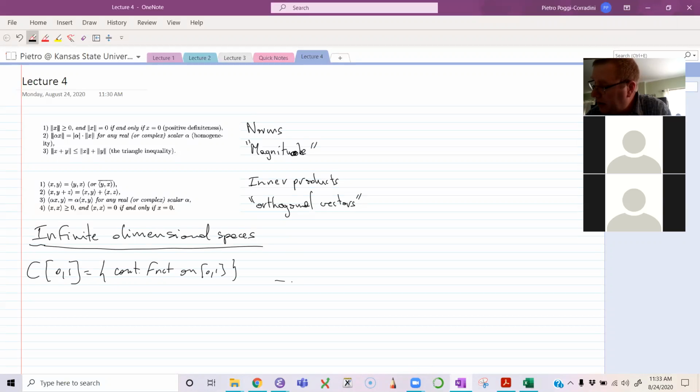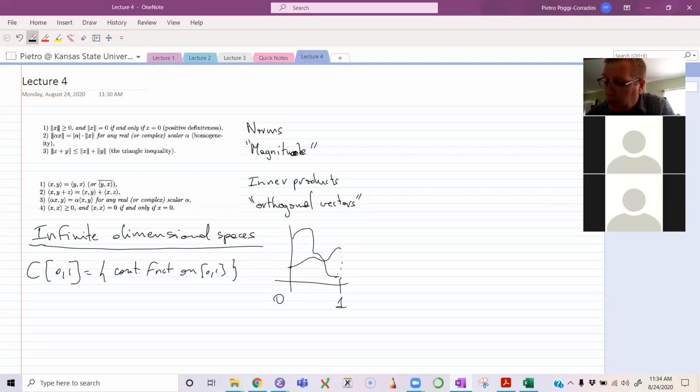From calculus, a continuous function is a graph of a function where you don't lift your pen when you draw the graph. That's what continuous means. There could be many such functions, and they form a vector space because you can add them and scalar multiply them.